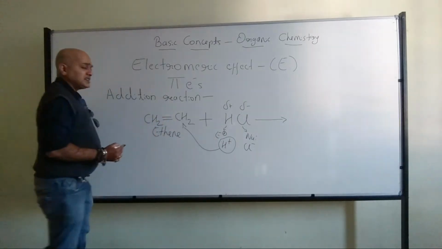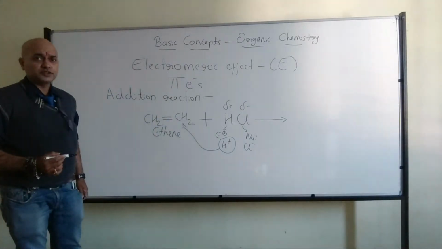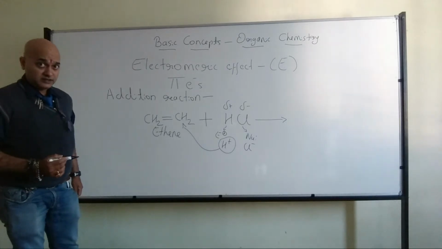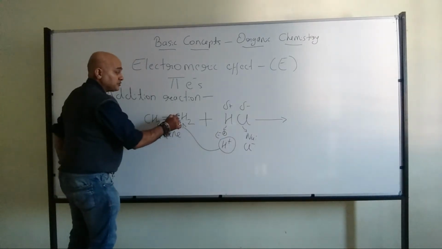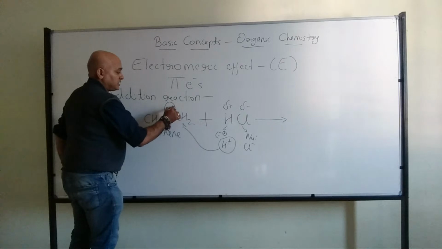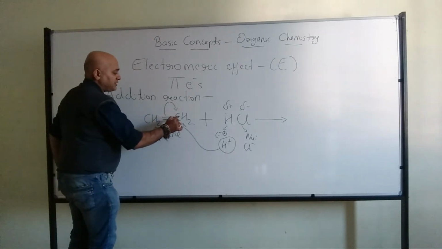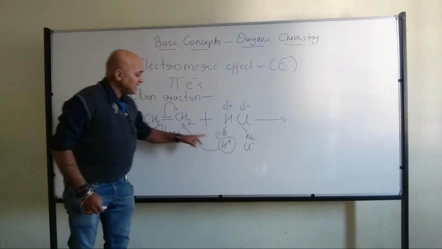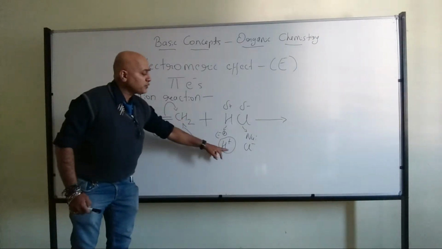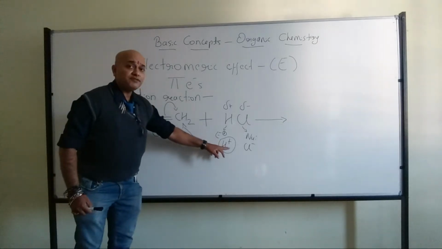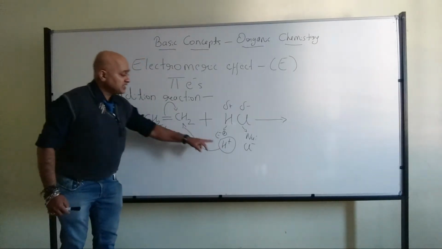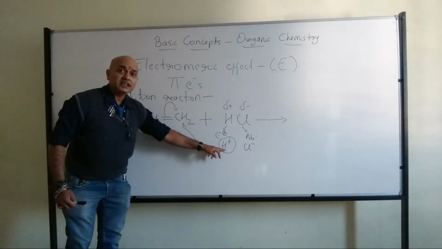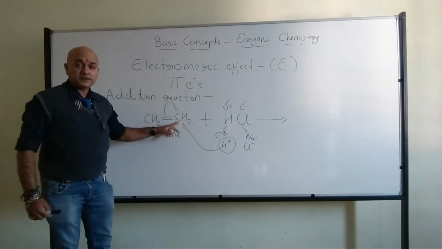there will be shifting of pi electrons towards one carbon. So which is that carbon? That should be this carbon. So whatever pi electrons are there, they will be shifted to this carbon because an approaching reagent is an electrophile, an electron deficient species. So it cannot invest any electron to make the bond with the carbon.